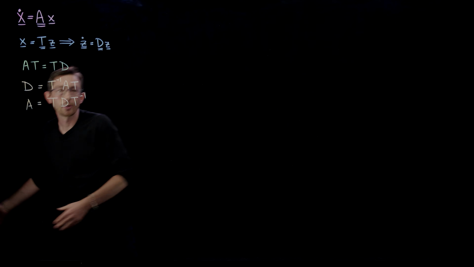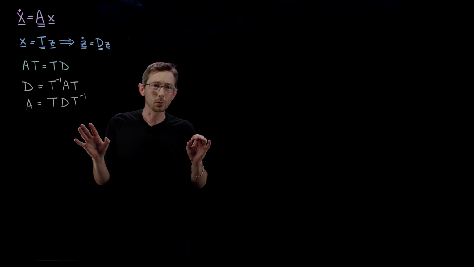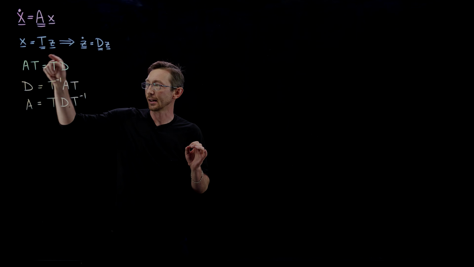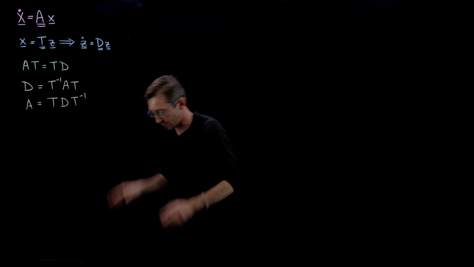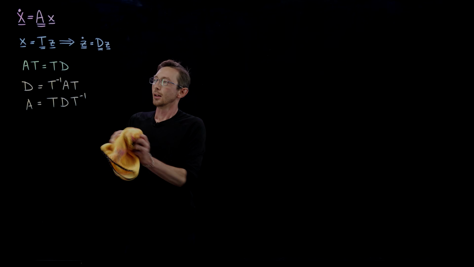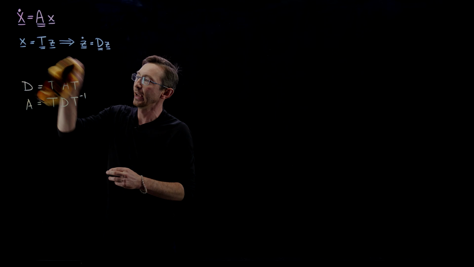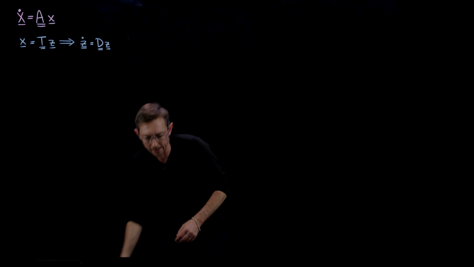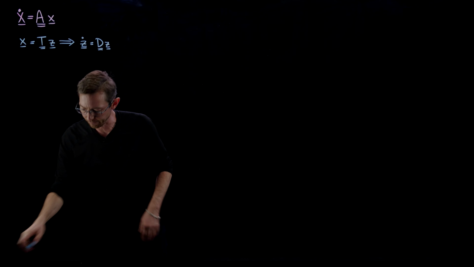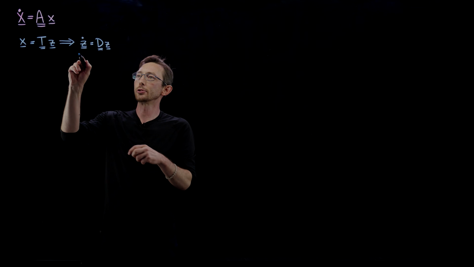So now we are going to use this diagonal matrix D and these eigenvectors T to solve our differential equation. We know that it's easy to compute the solution of this.